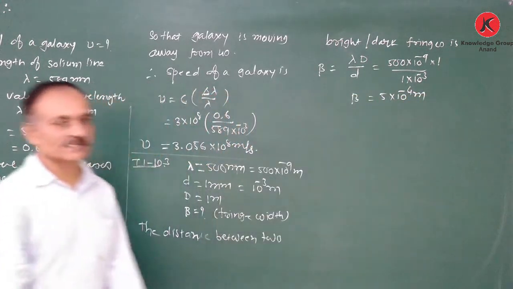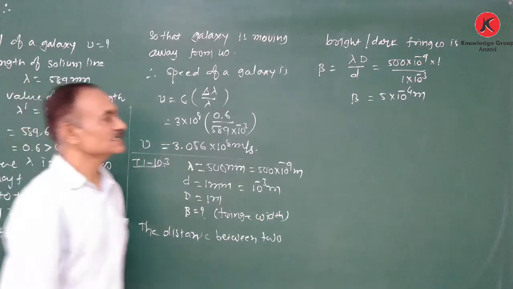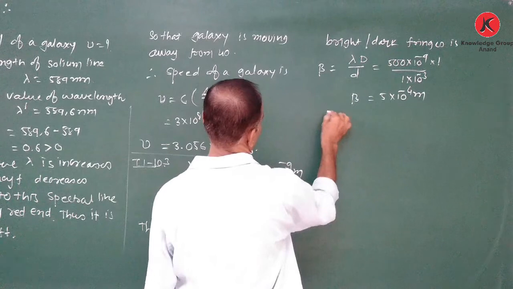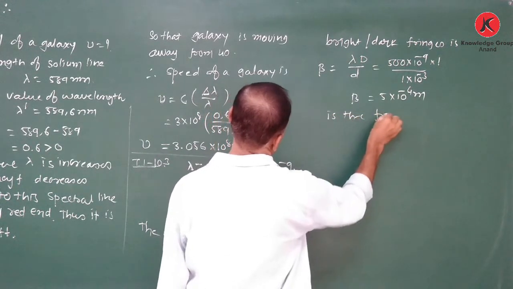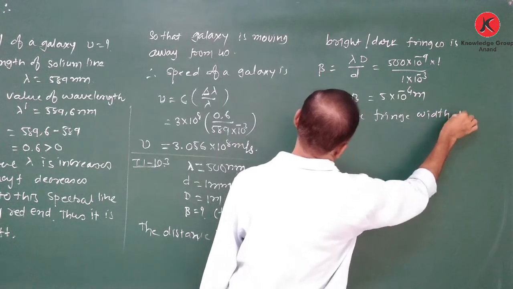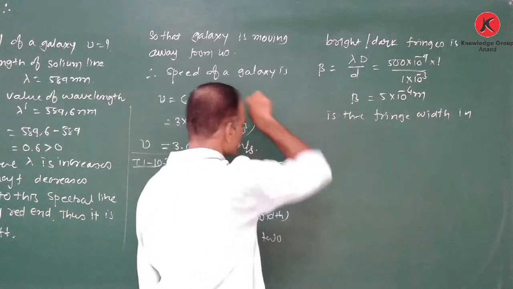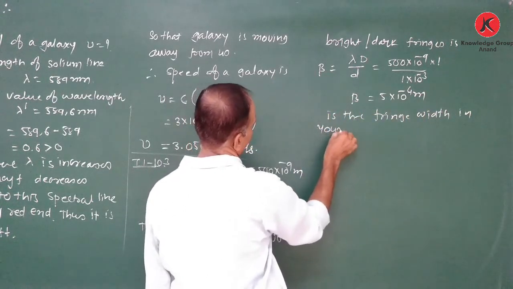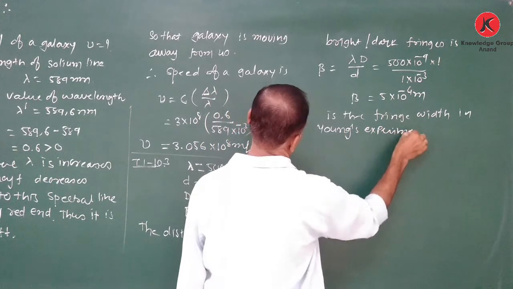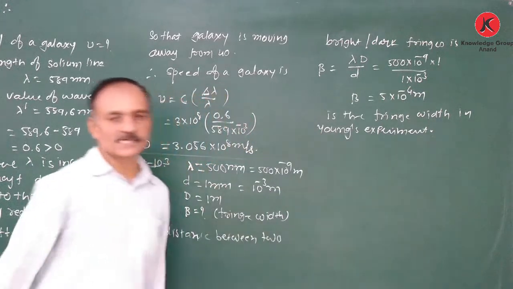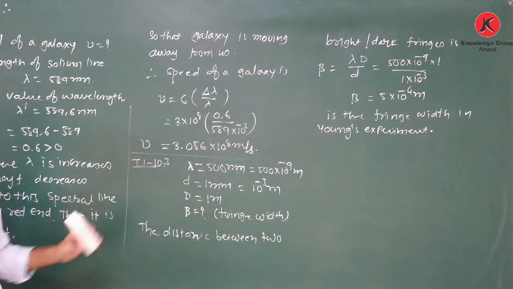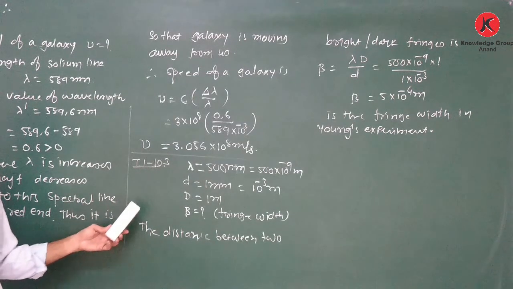So this is the fringe width in Young's experiment. This is a very easy numerical; we only have to substitute the values in the equation beta equal to lambda D upon d.